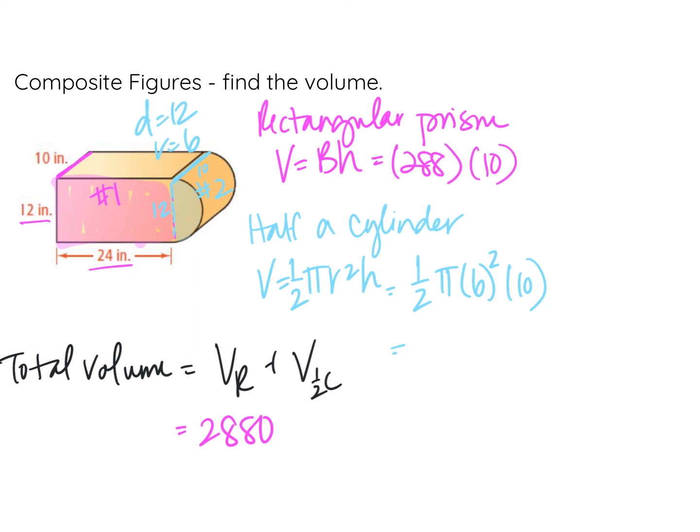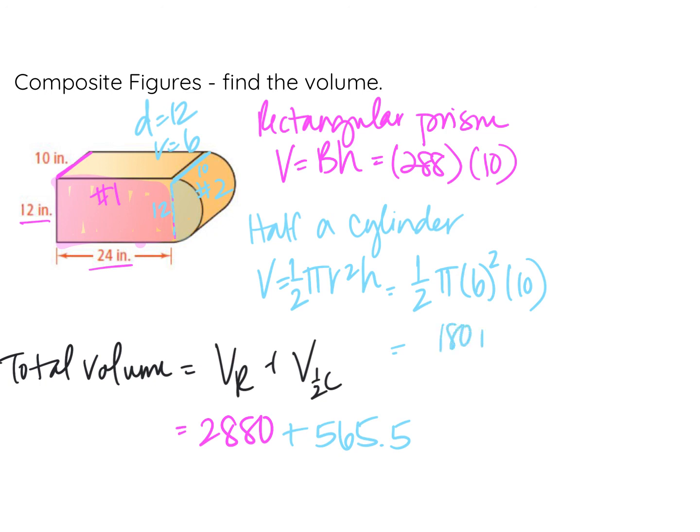Okay, so 0.5 or 1 divided by 2 times pi times 6 squared times 10. And that gives me 565.5. Again, if for some reason it asked me to find exact, I would take 6 squared, which is 36, times 10, so 360, and then divide that by 2 to use this 1/2.